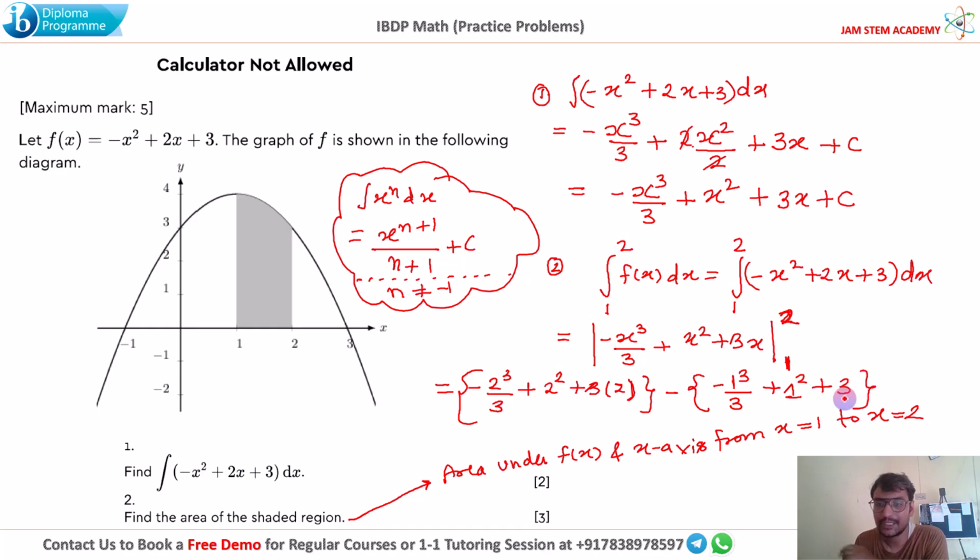Now, if you simplify it, means you just have to calculate the value and you will get your answer. So this value comes out as negative 7 by 3 plus 6, and overall what's the answer here? 18 minus 7 means 11 by 3 square units is the area. Okay, that's the answer for the problem.